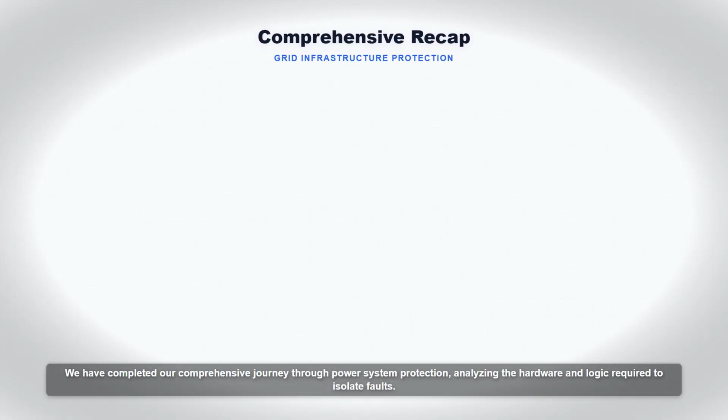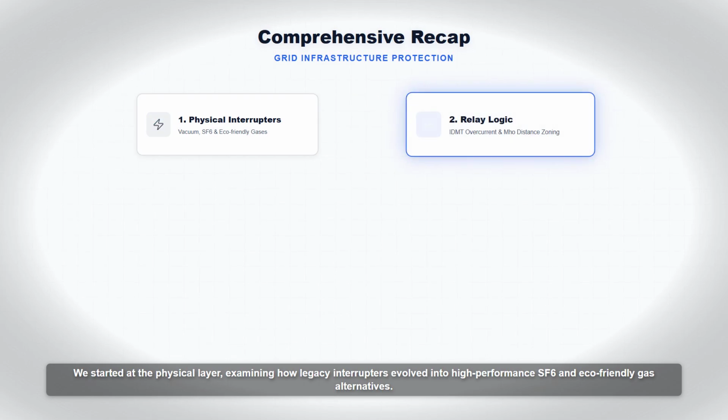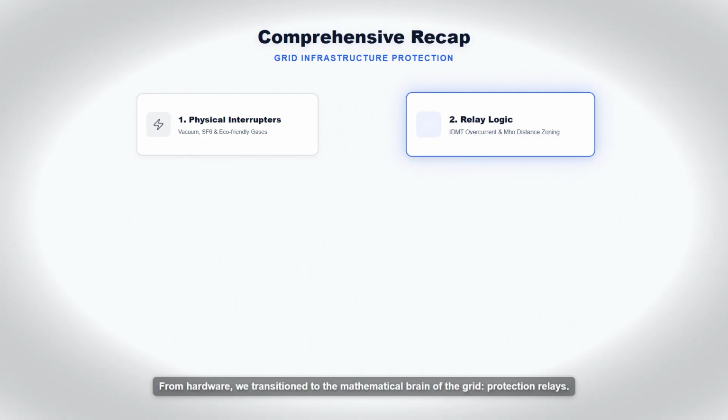We have completed our comprehensive journey through power system protection, analyzing the hardware and logic required to isolate faults. We started at the physical layer, examining how legacy interrupters evolved into high-performance SF6 and eco-friendly gas alternatives. From hardware, we transitioned to the mathematical brain of the grid: protection relays.